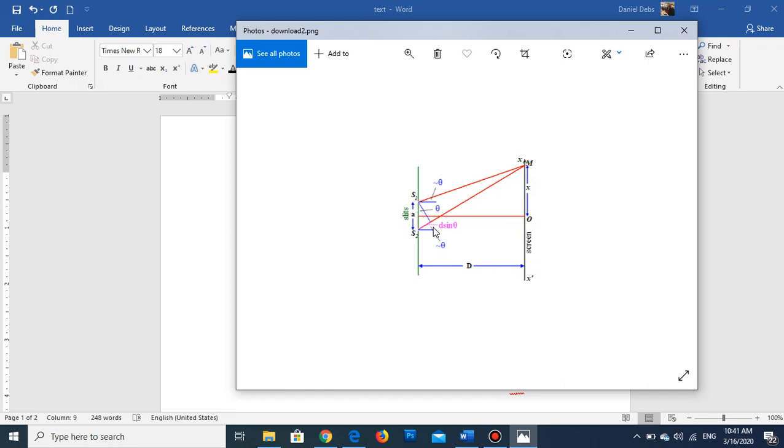On the other hand, if AXM over D is equal to k lambda plus half lambda, let me write this one here.